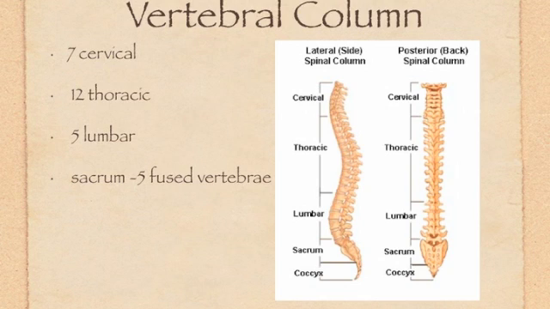The thoracic vertebrae are what the ribs attach to. There are 5 lumbar vertebrae, and they're usually stronger and thicker because they bear so much weight. The sacrum is fused vertebrae, where our vertebrae connect with our pelvis. And the last fused vertebrae are the coccyx, the remnants of a tailbone.